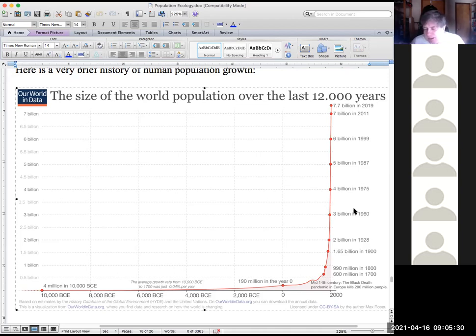And so one of the concerns that people have about the human population, which is now about 7.75 billion, is when are we going to reach that point where the growth stops?